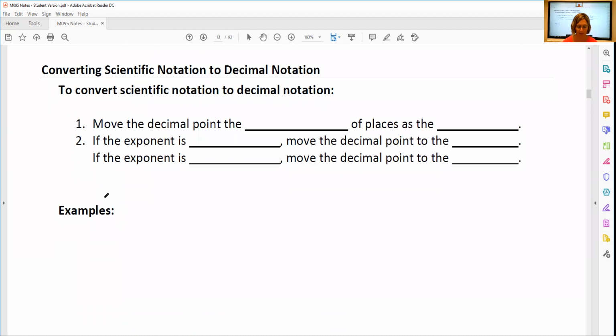So the next part of the notes, we've got converting scientific notation to decimal notation. And so we're just going the other way. So it says, move the decimal point the same number of places as the exponent.